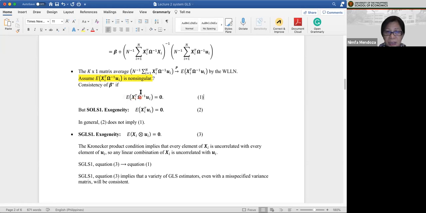So these linear combinations of X sub I would be uncorrelated with U sub I.